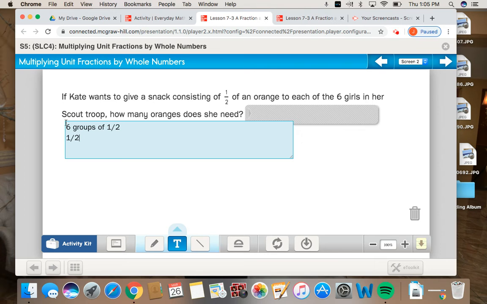That means I want 1/2 plus 1/2 plus 1/2 plus 1/2 plus 1/2 plus 1/2. My multiplication equation would be 6 times 1/2 equals some number.